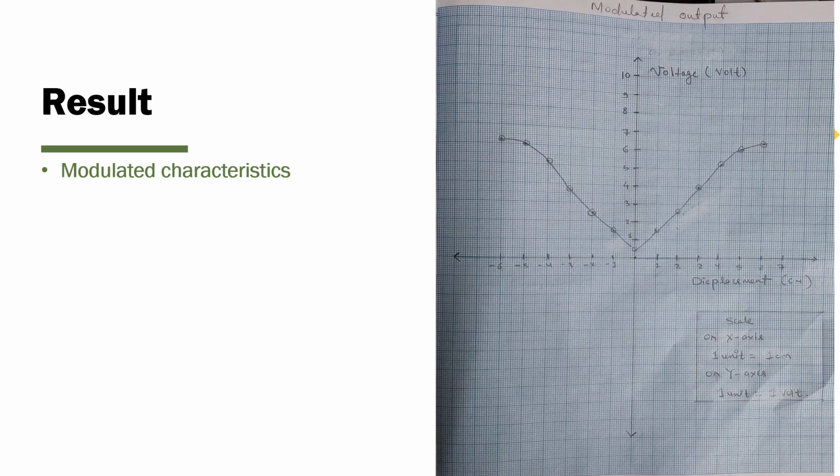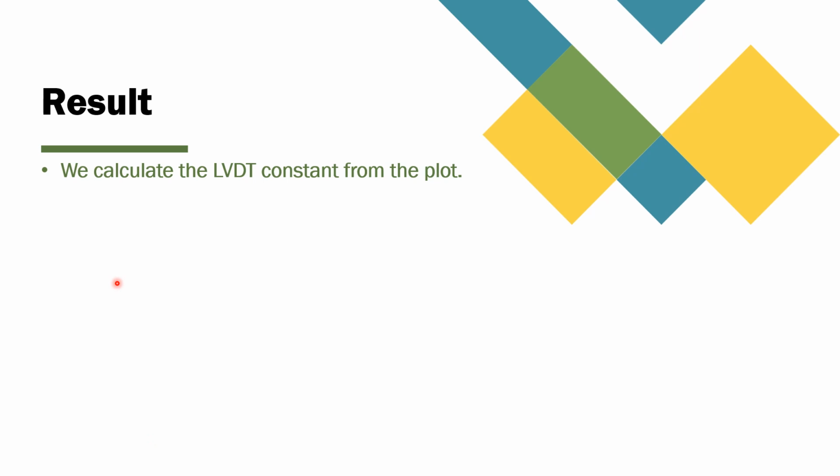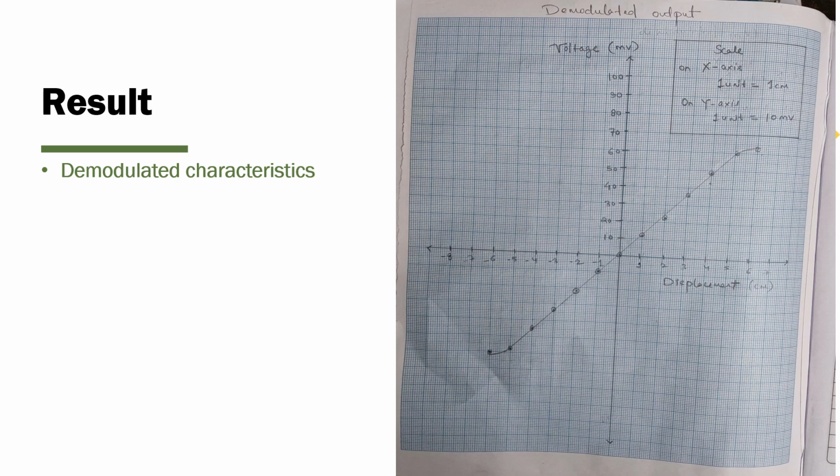Here is the modulated output, and you can see that when the displacement is 0, the voltage is not 0. So here we have some residual voltage as well. And finally, we calculate the LVDT constant from the plot. So here the slope of this curve in the linear range gives us the LVDT constant.